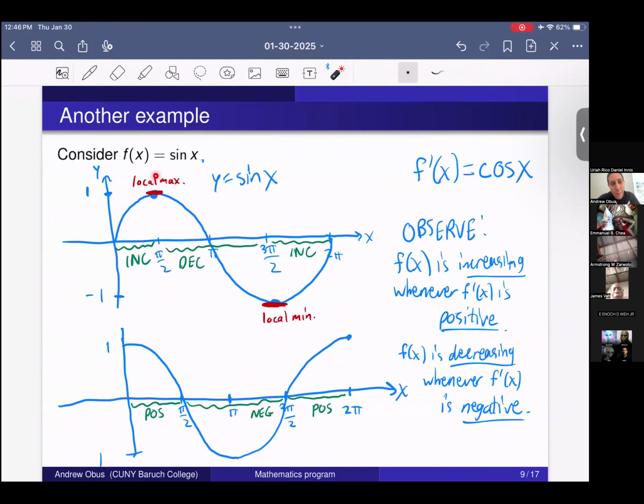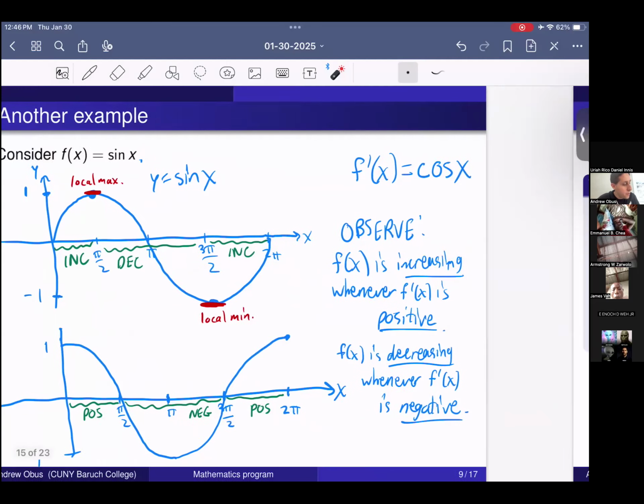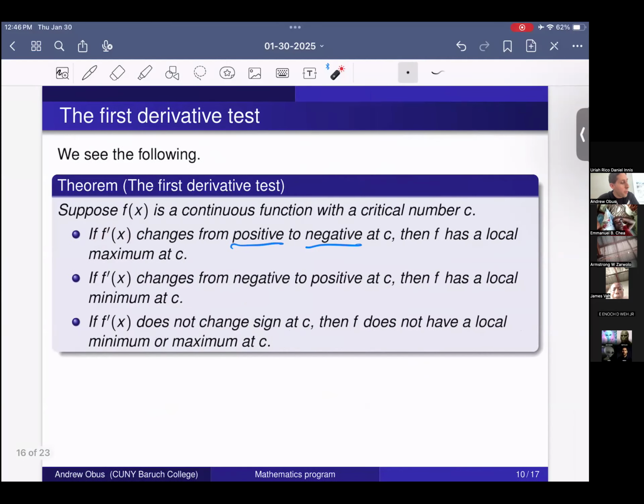And that means you have a local max, right? Because the function goes from increasing and then it starts decreasing. So it gets to the top and then it starts decreasing. That means that f has a local maximum at c. Okay?